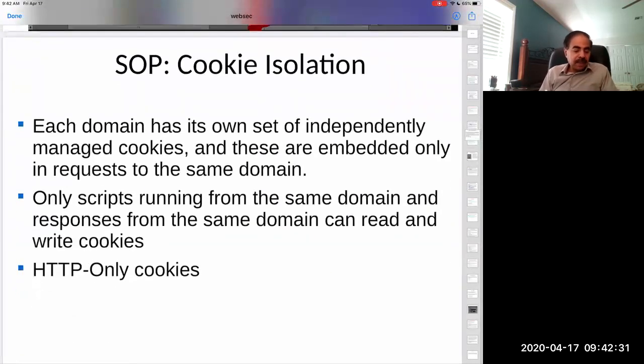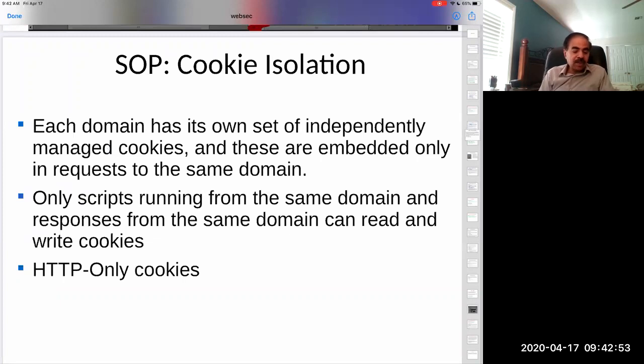When it comes to cookies, the way SOP works is quite simple. Each domain is associated with a set of cookies. Whenever a domain sets a cookie, it is associated with that domain, and only that domain can access that cookie from that point on.